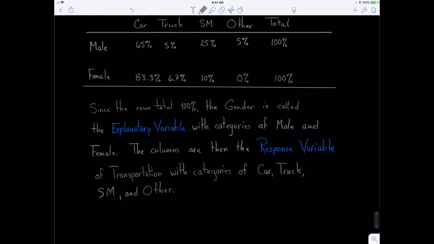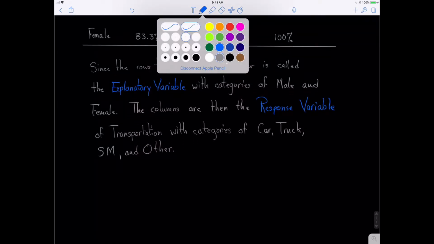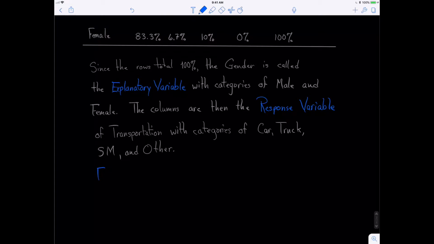Now, what are those and what do these things mean? So let's do this. Let's write this in blue. So the explanatory variable is the categories being compared.